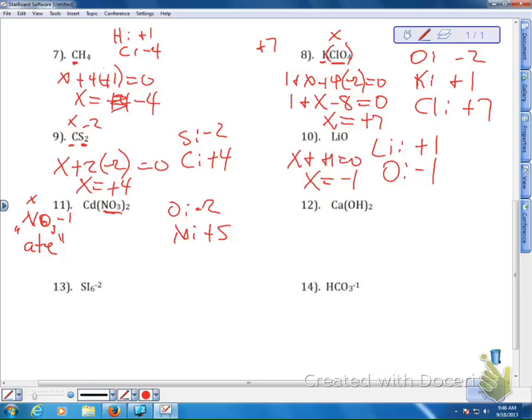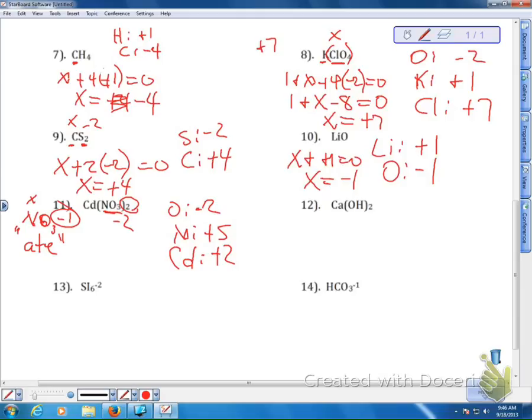Now we could turn our X to cadmium and solve for X. But I know that nitrate is -1, and there are 2 of them. So that's going to give me a grand total of -2 charge. So this cadmium has to be equal and opposite, +2. So I could do that one without any math at all.